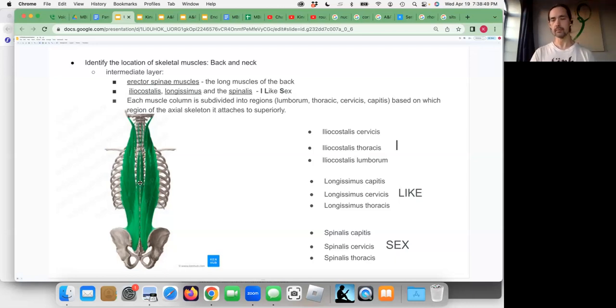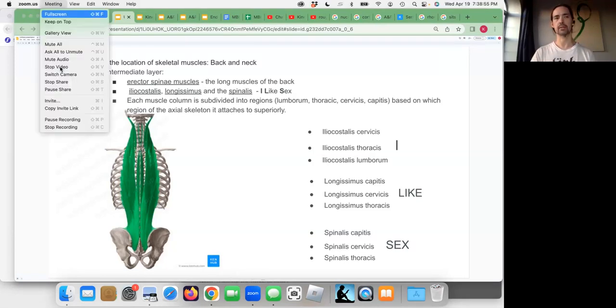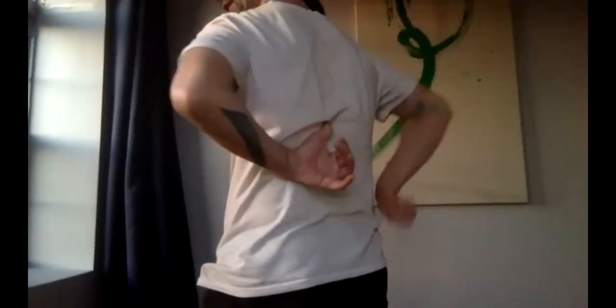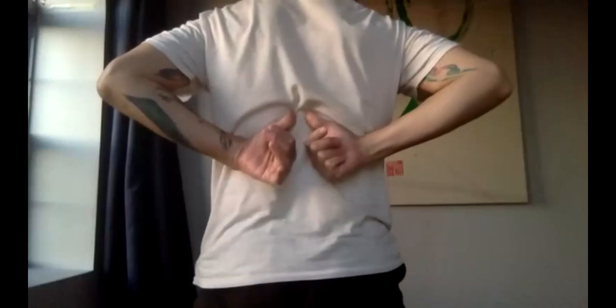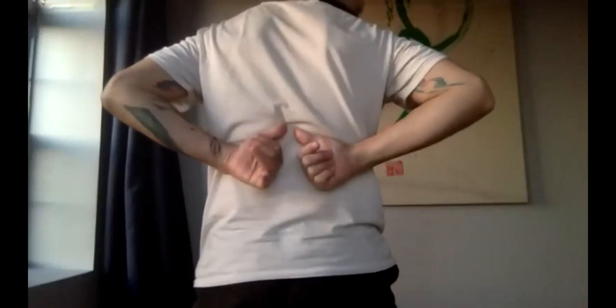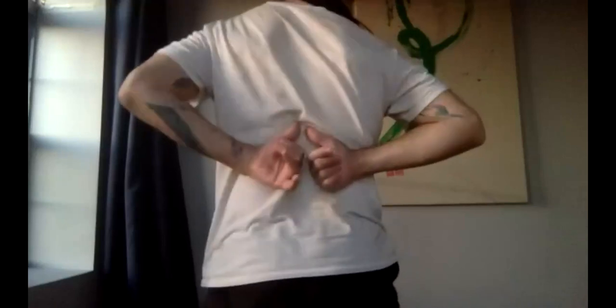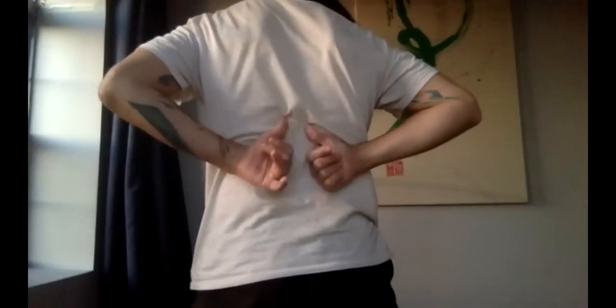If you touch the middle of your back, right next to the spine, and then you migrate laterally, a good kinesthetic way of studying those is to get on either side of the spine, and that's your spinalis muscles. Out from that is the longissimus, and then further out are the iliocostalis.